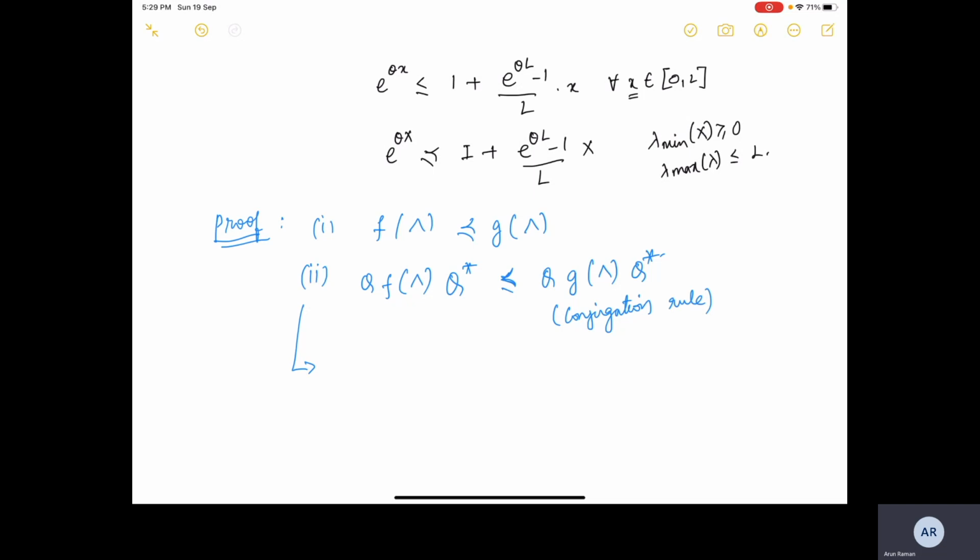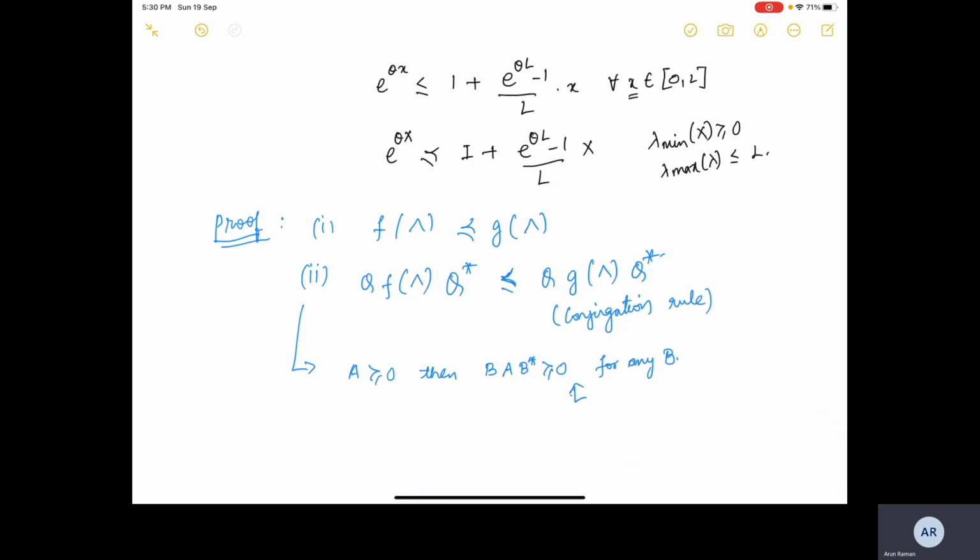Basically, the main idea that we have to use here is that if A is, let's say, positive semi-definite, then B A B star is also positive semi-definite for any B. So you just think about why this is true.